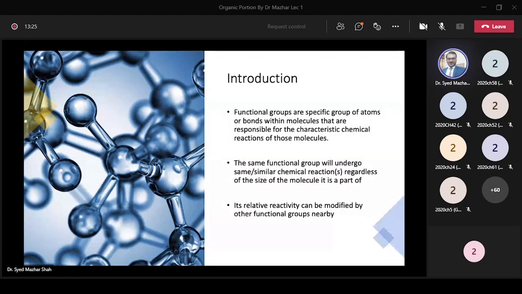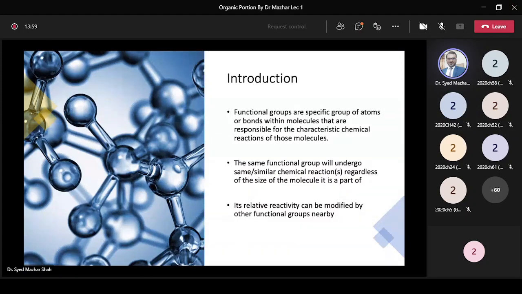We call it an addition reaction, because addition is a characteristic reaction of alkenes and alkynes. Every molecule, whether small or large, will undergo the same type of reaction. The product may be different, but the reaction and the mechanism stay the same, right? Have you got my point about that? Yes, sir.